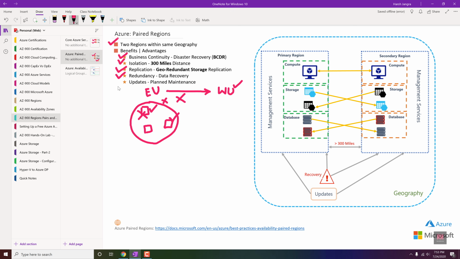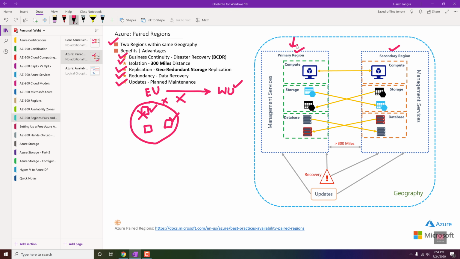The next one we have is planned maintenance. Yeah, that's what I was talking about, the logical maintenance. So for example, you have a primary region and a secondary region. Let's say I'm updating something on this particular region and anything goes wrong, and it could be a possibility the whole region may be down. So engineers need some time to make sure the data center, the region is back to normal state.